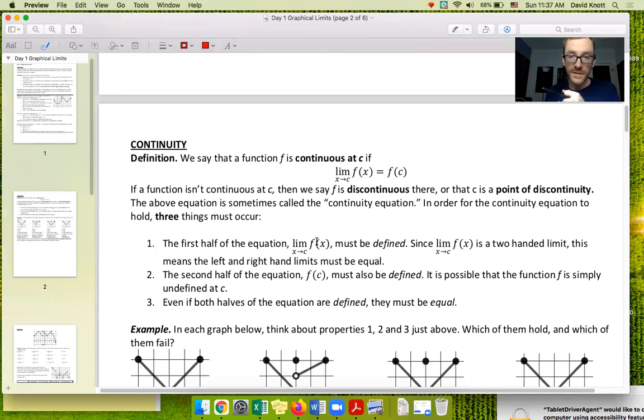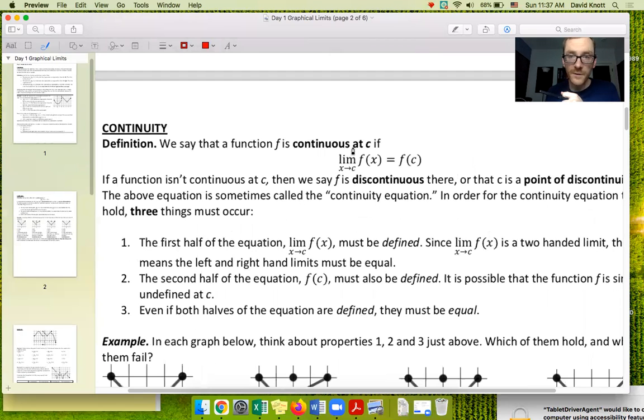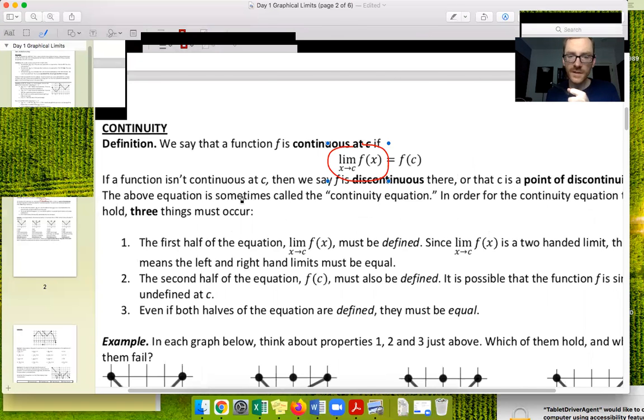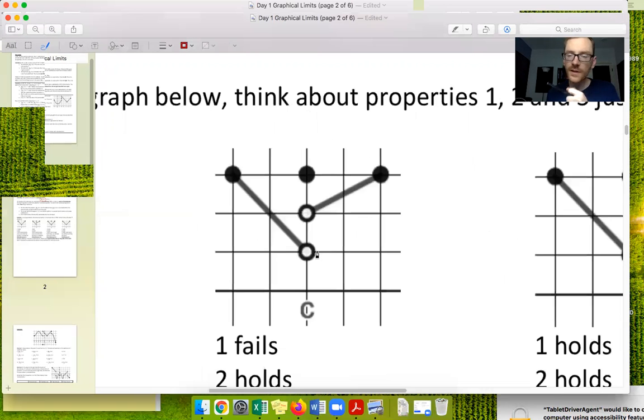So as I said, the first half of the equation must be defined, and that's the two-sided limit. Well, is it defined in this case? Does the two-handed limit exist in this case? No. The two-handed limit only exists when the left and right-hand limits are approaching the same number, and you can see that they're not here.